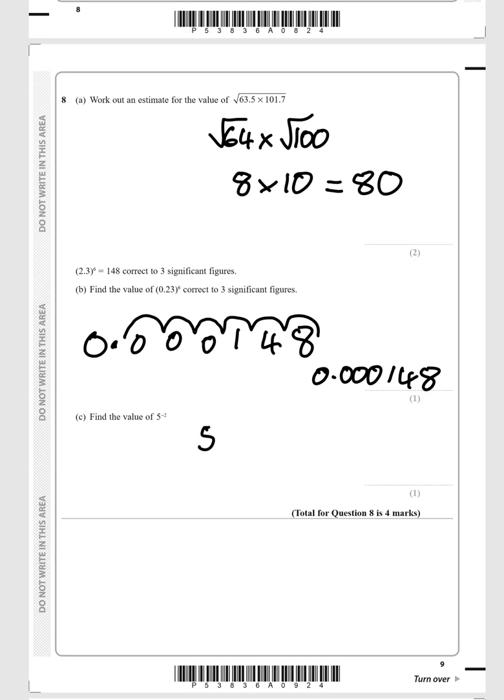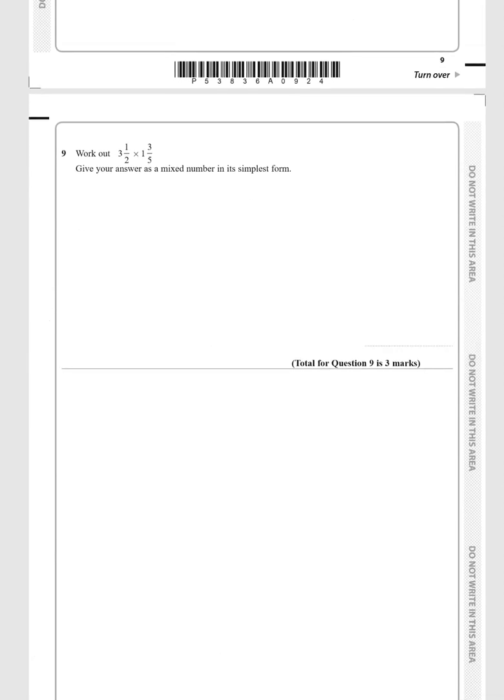Right, 5 to the minus 2, the minus makes it 1 over 5 squared. Well, 1 over 5 squared is 1 over 25. We should know these sorts of things by now. Right. Work out, multiplying fractions, mixed number in its simplest form. So we need to make sure when we get our answer, we put it in its simplest form. So start by making these improper.